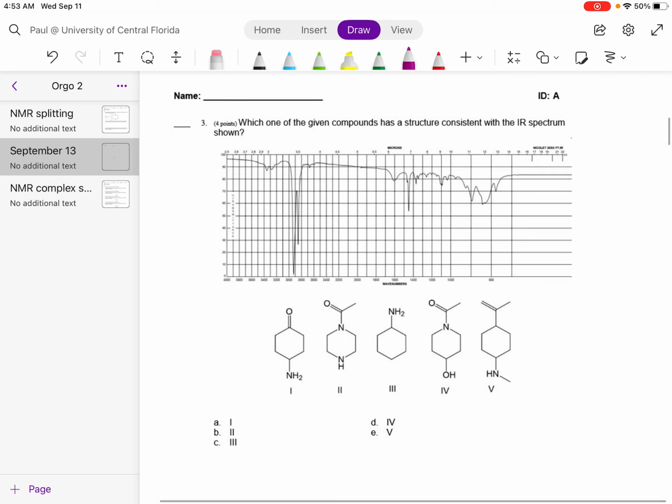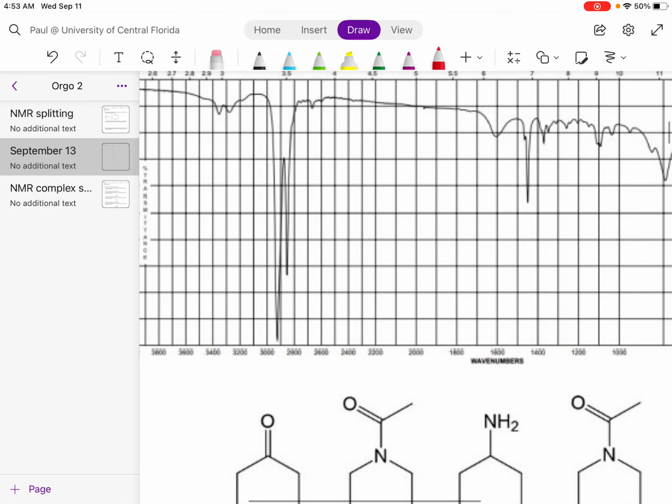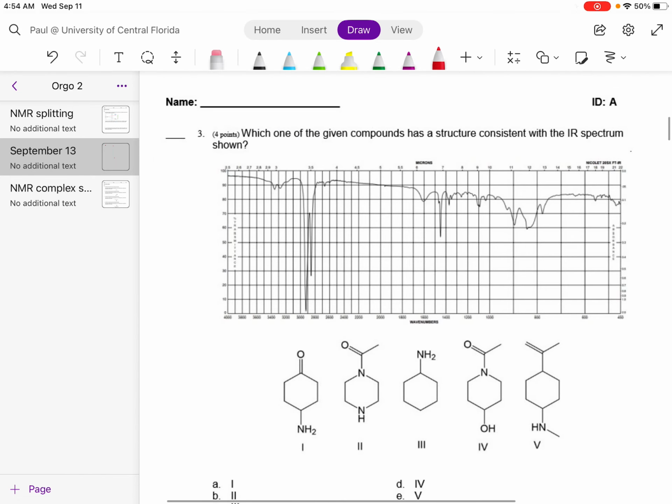Which one is this? And so what do we do? These numbers are very pixelated. Not very good, are they? So if I go down 3000 right there, we have signal right there. That is going to be our carbon-hydrogen stretches with the sp3 hybridized carbon.